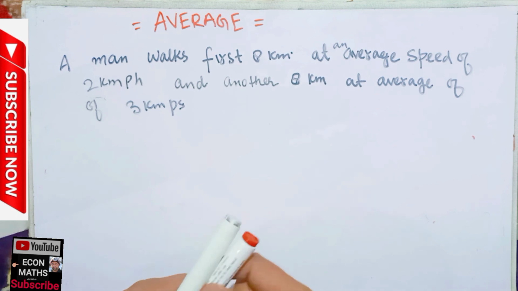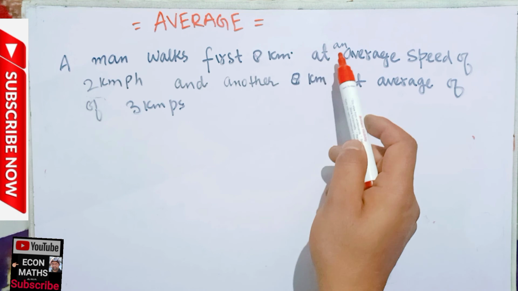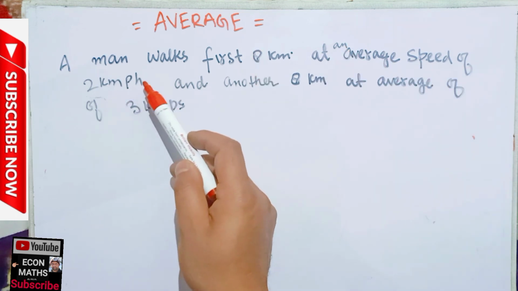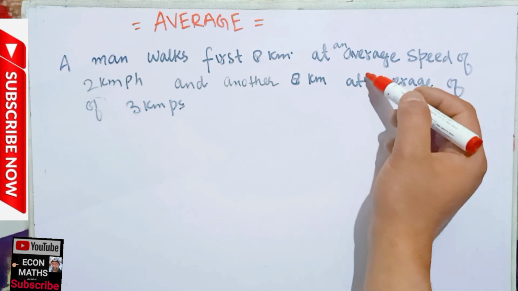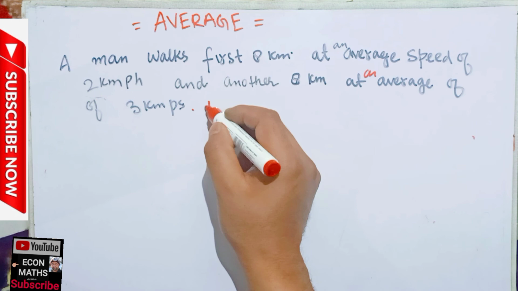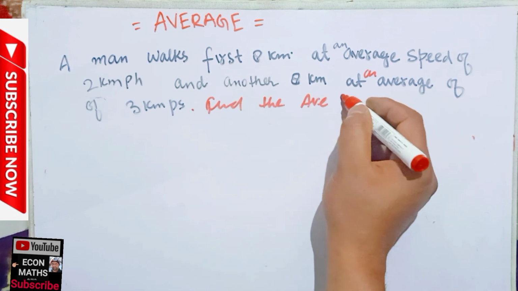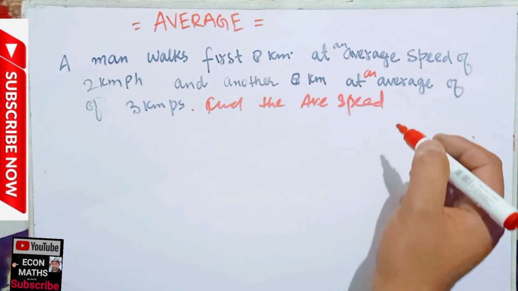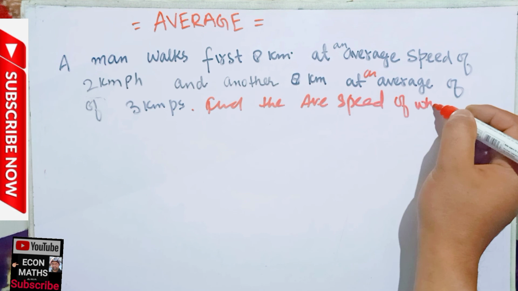Now the question is: a man walks the first 8 kilometers at an average speed of 2 kilometers per hour and another 8 kilometers at an average of 3 kilometers per hour. We have to find the average speed of the whole journey.